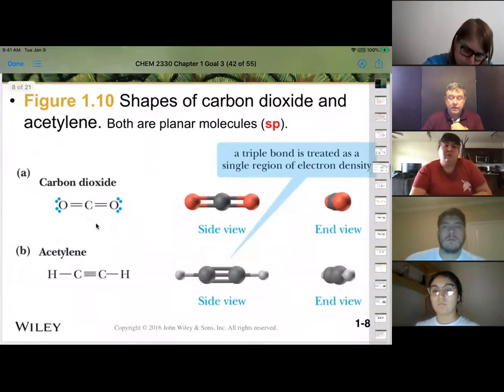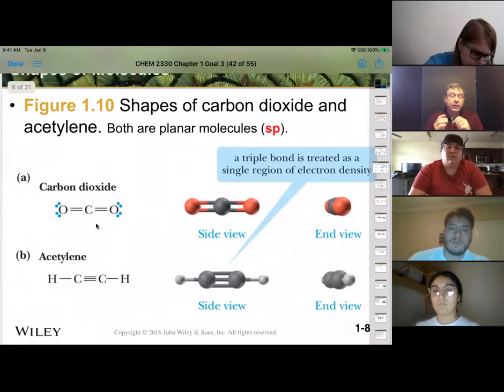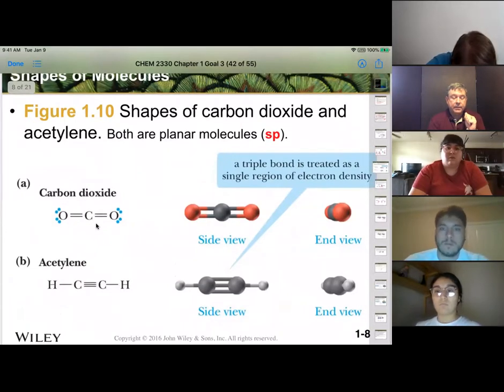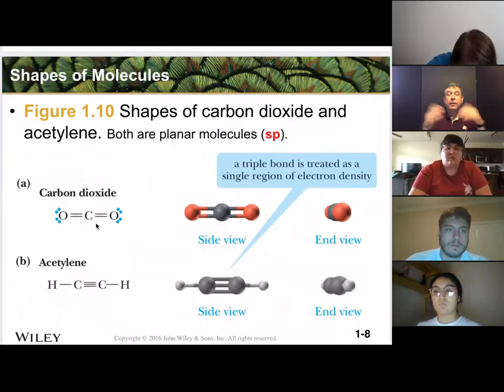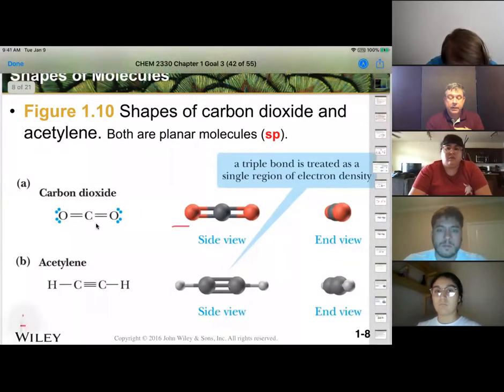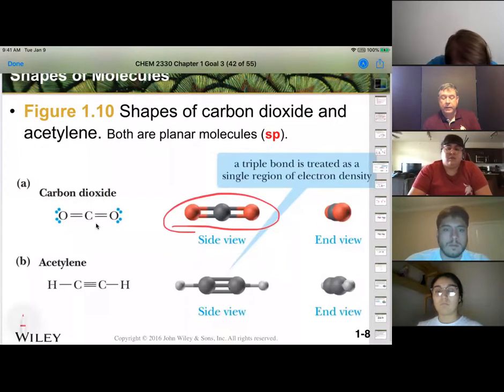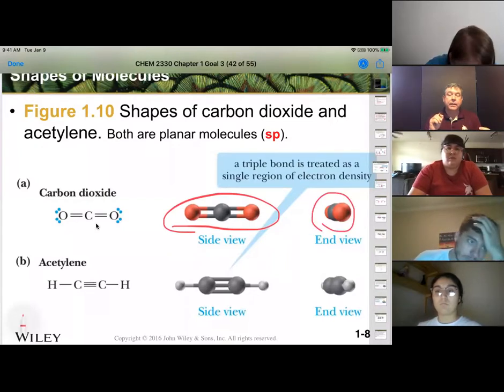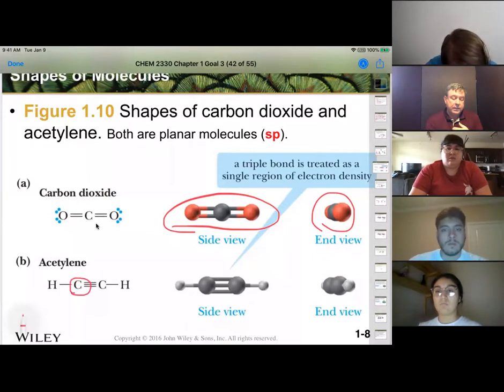Okay. So in the carbon dioxide here, we actually have the carbon itself is sp2 hybridized and the oxygens are sp2 hybridized, but they're all pulled together to give us this linear functionality. If you look at it on end, it's completely straight, 180 degrees apart. In acetylene, the carbons here are sp hybridized to give us this linear structure.